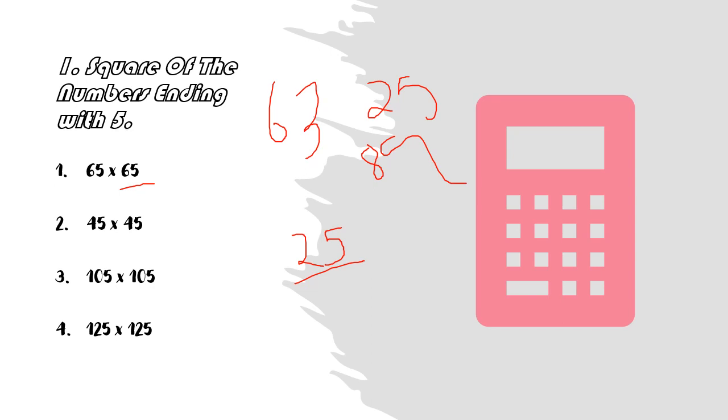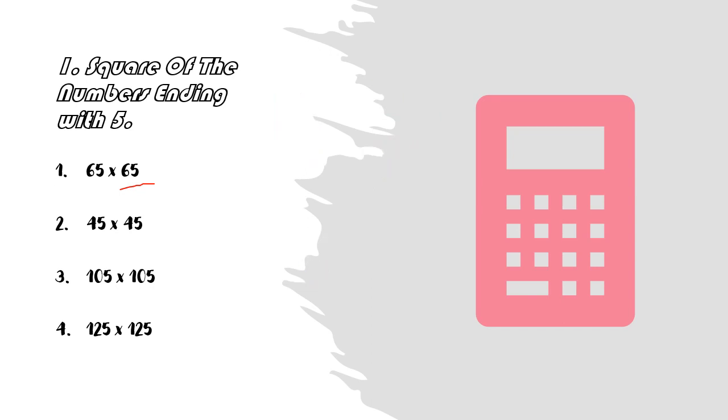So how are you going to solve these types of problems, okay? It's just simple. If you take the first problem, 65 into 65, okay? What are you going to do? Just add 1 to this 6, not 65 plus 1, okay?